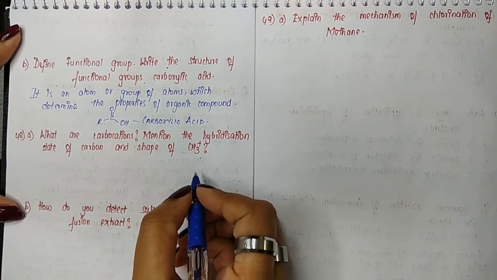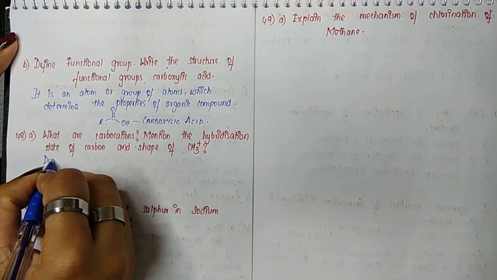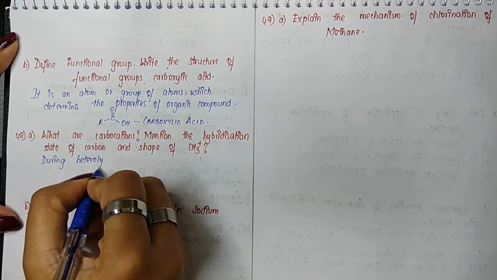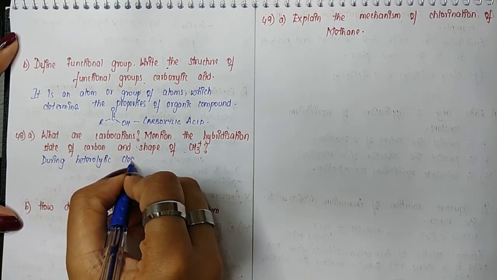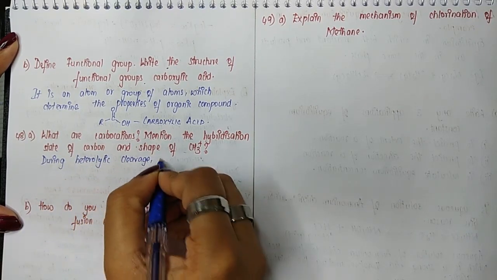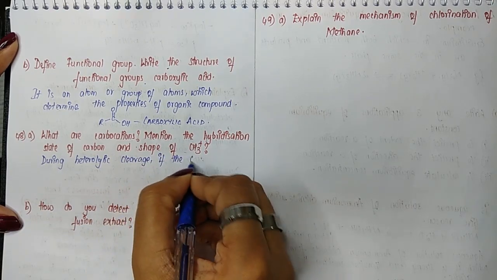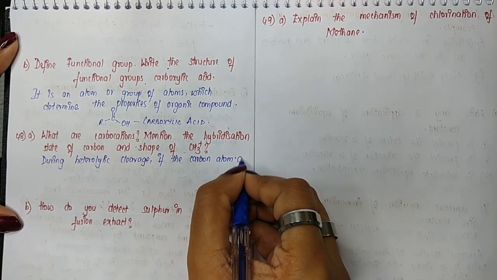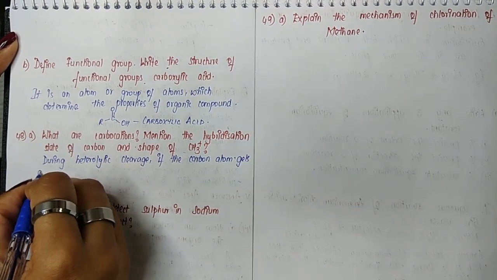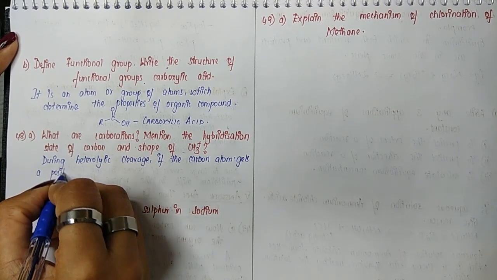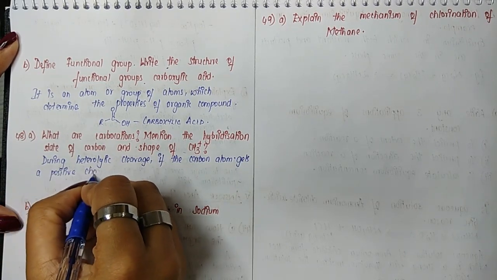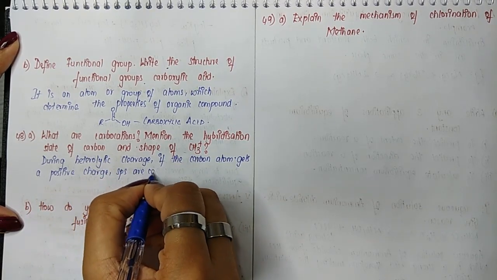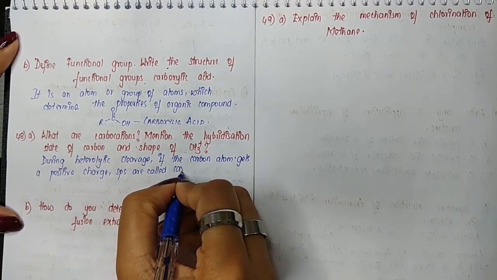For this we can write that during heterolytic cleavage, if the carbon atom gets a positive charge, such species are called carbocations.